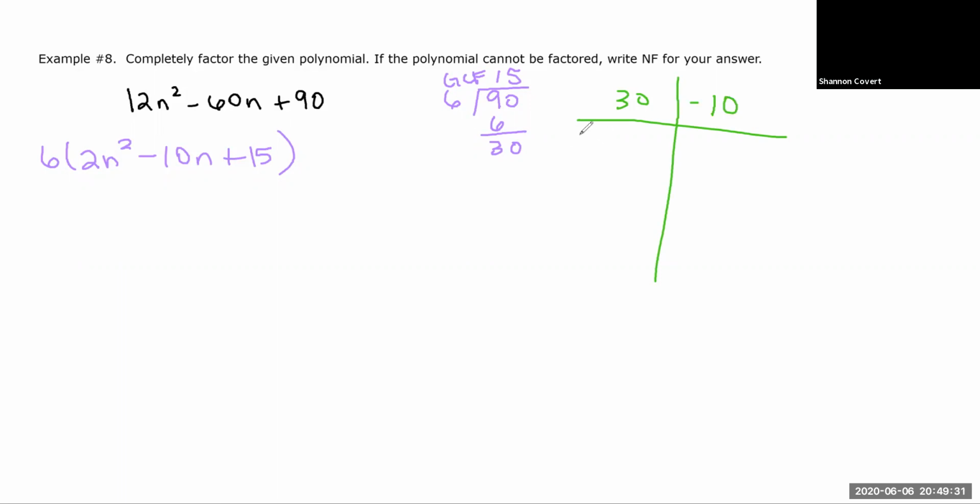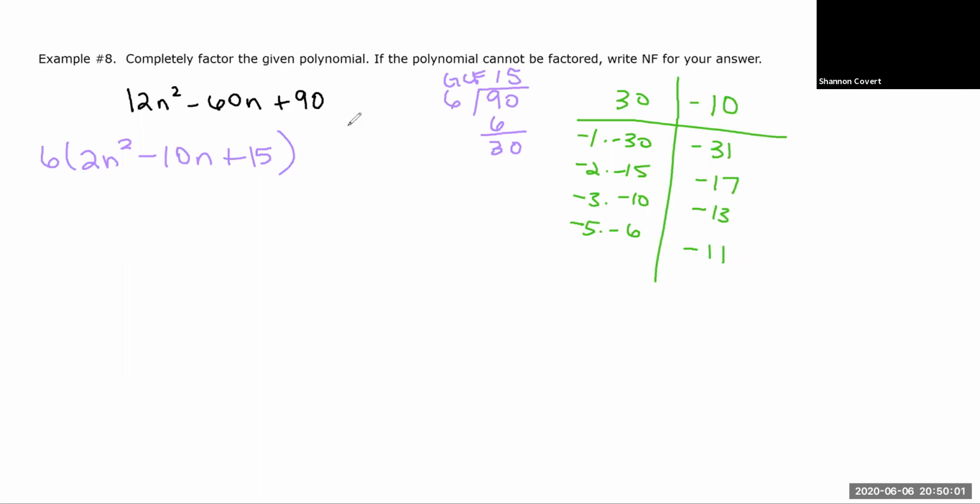Negative 1 times negative 30, negative 2 times negative 15, negative 3 times negative 10. 4 doesn't go into it. 5, so negative 5 times negative 6. This gives me negative 31, negative 17, negative 13, negative 11. So none of those are adding up to negative 10.